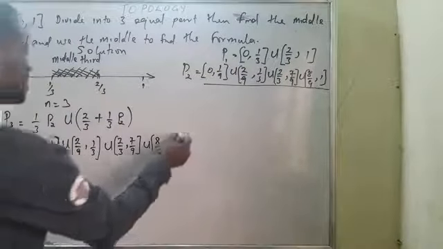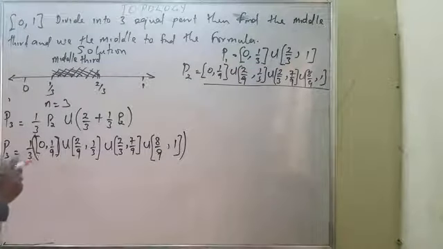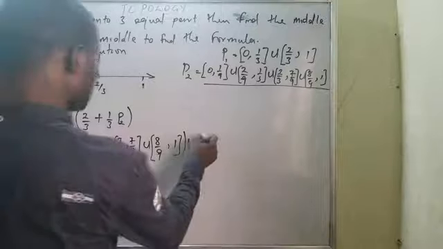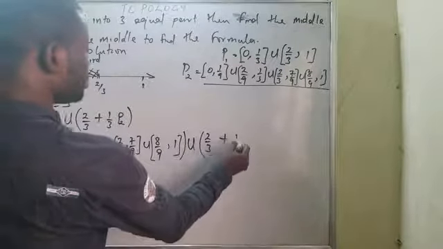Don't use the other brackets. Use a closed bracket. Very important. Now, it means for this, 3 multiplies everything. That is the implication. Union, I have 2 over 3 plus 1 over 3.